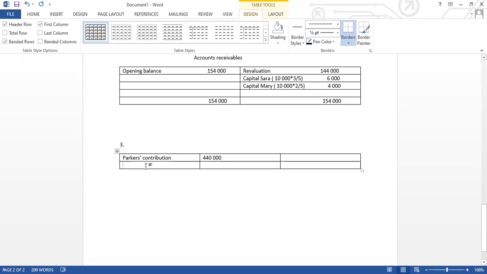And then from there, we minus the value of our assets, or the fair value of all our assets combined. So in this case, fair value.